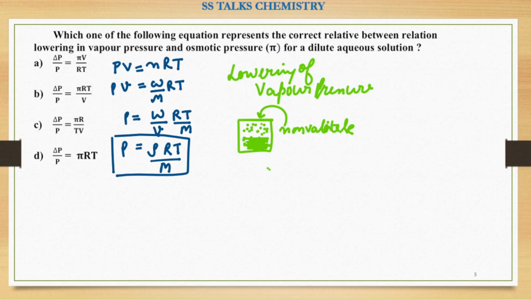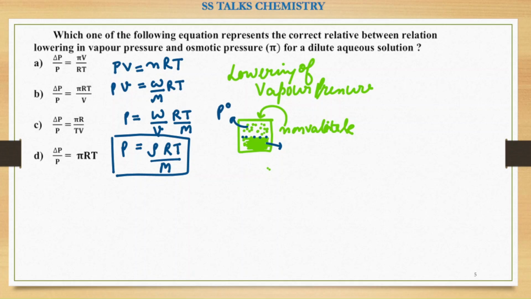Now after the addition of the non-volatile solute, what is going to happen? These non-volatile solutes will occupy some of the space in the liquid, like in the upper face of it, some non-volatile solute will be present. Now the pressure which is exerted will be different. Initially the pressure they were exerting was pure P naught.